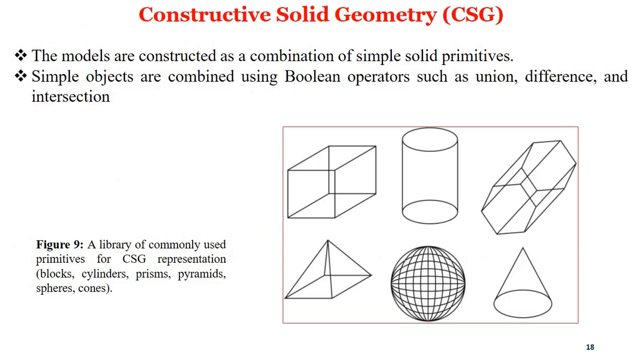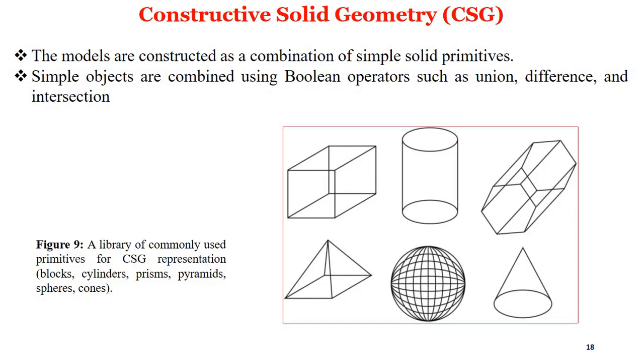Then the second is constructive solid geometry, CSG. The models are constructed as a combination of simple solid primitives. So by using the CSG technique, we use small shapes like triangle, rectangle, square, cone, and some other shapes to model our object.